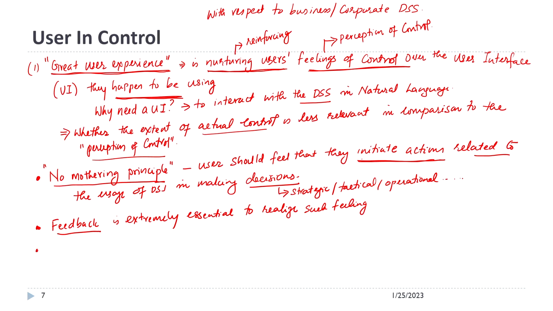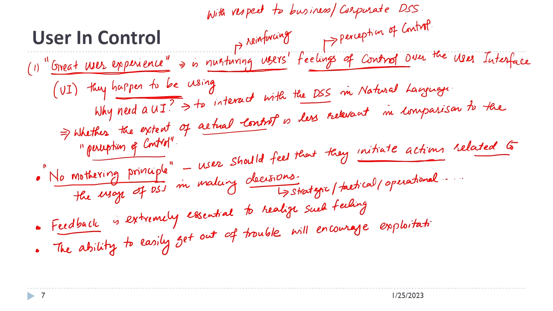Then the next one is the ability to easily get out of trouble will encourage exploitation by the user.